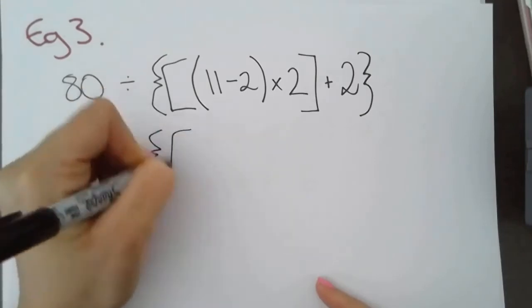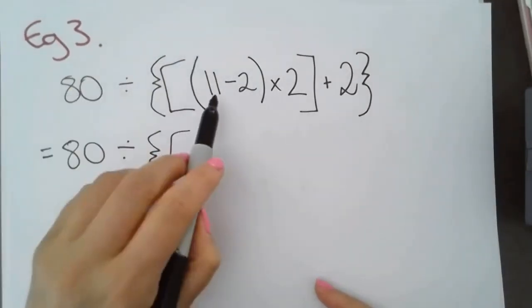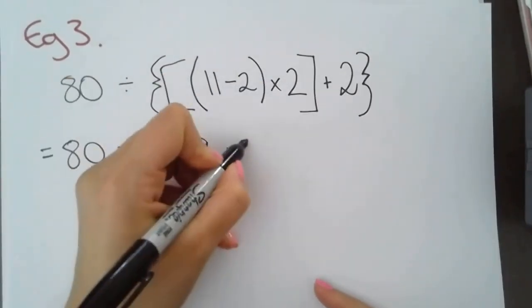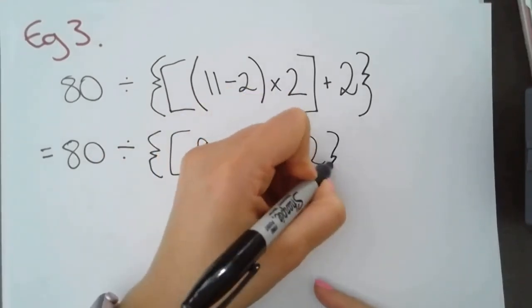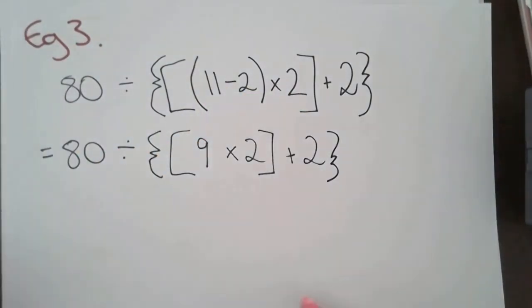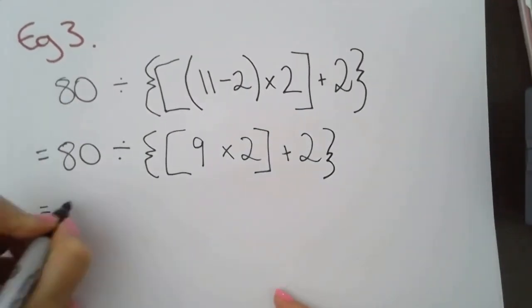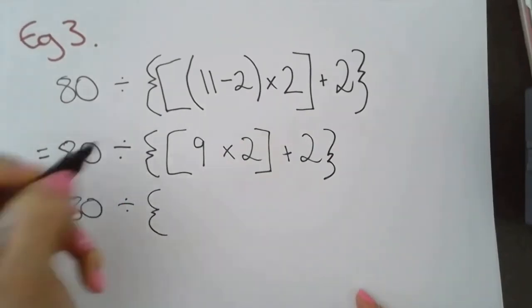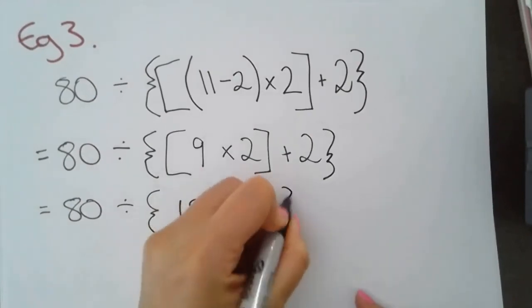We're going to be dealing with this rounded bracket first. So we go 11 take 2 is 9, get rid of that, keep the times 2, squared bracket, plus 2, squiggle. Okay, so then we deal with the next set of brackets. So see how we take it one bracket set at a time. So then we go squiggle bracket stays, 9 times 2 is 18, plus 2, squiggle bracket.